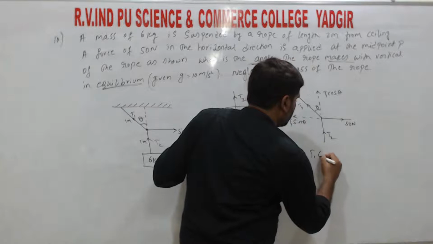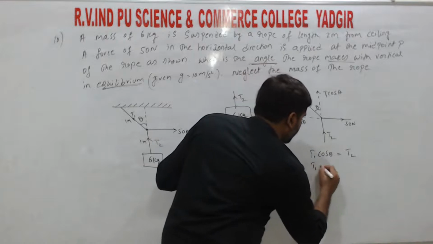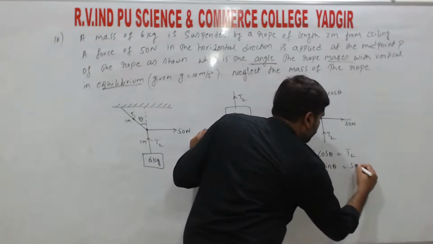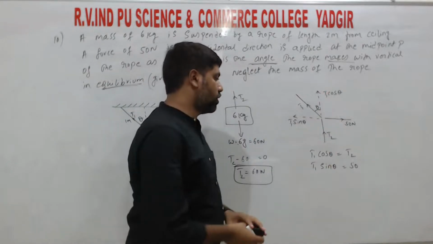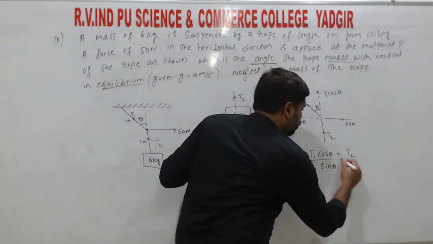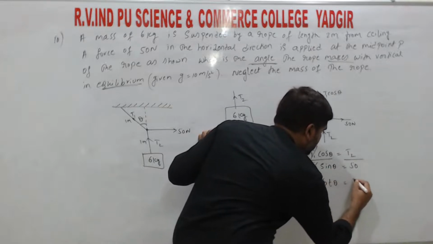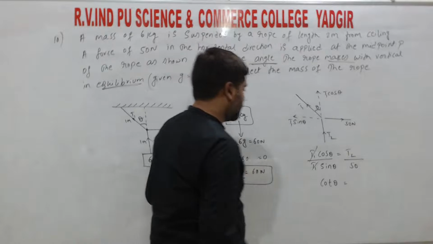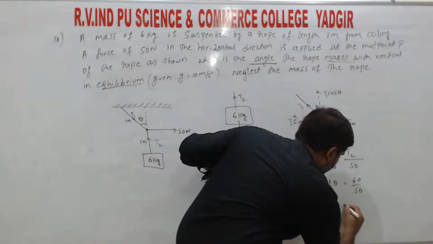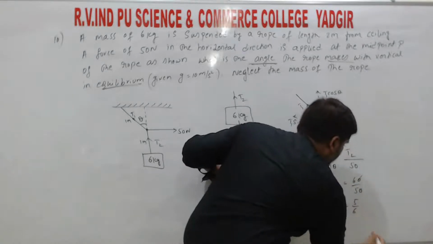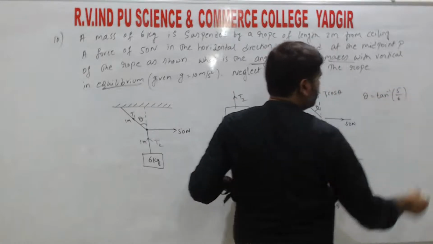So T1 cos theta is equal to T2, first equation, and T1 sin theta is equal to 50 newton. Since we have taken horizontal and vertical forces, dividing equations 1 and 2, T1 gets cancelled. So this becomes cot theta equal to 60 by 50, right? So we can write tan theta is equal to 5 by 6. So theta is equal to tan inverse of 5 by 6.